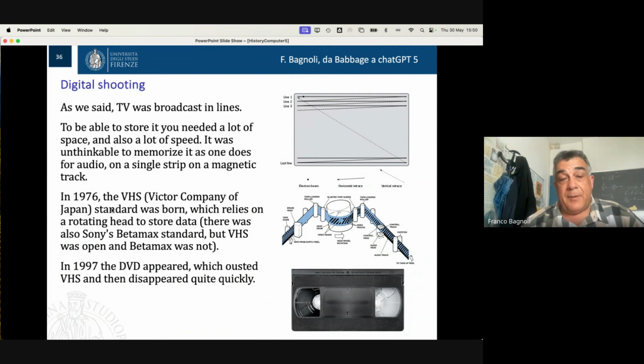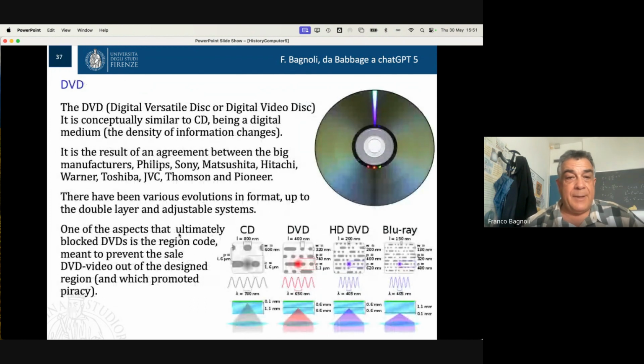But the problem is that while VHS was released freely and could be copied by any producer of devices, Beta was closed by Sony, and so it was not quickly adopted, and clearly VHS replaced it in the market.